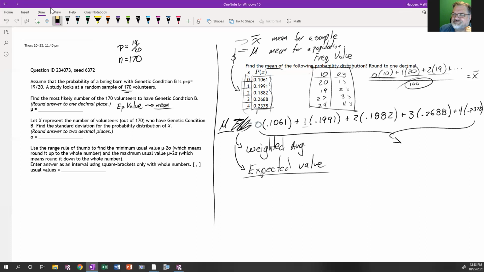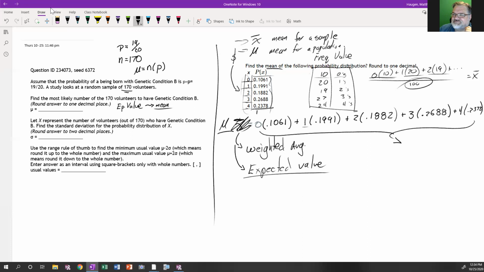So find the most likely number, find the expected value, find the mean number of volunteers that have this genetic condition. Well, if 19 out of 20 are supposed to have this genetic condition, and we've got 170 people, well, that expected value should be the number of trials we have multiplied by the proportion of those that should be successful.